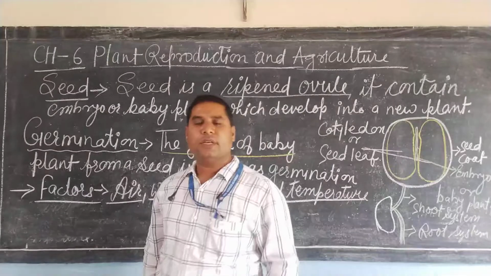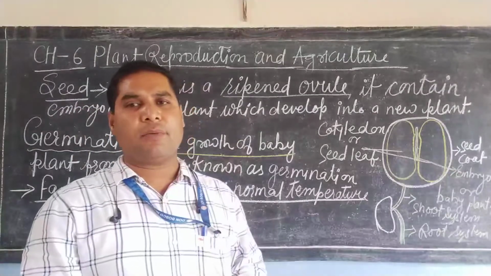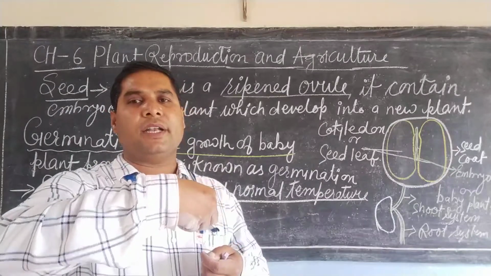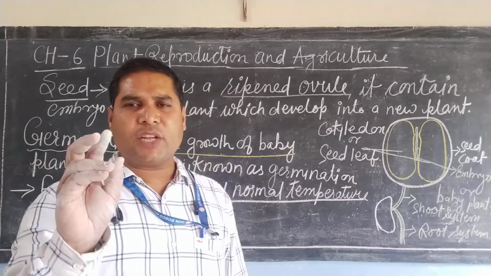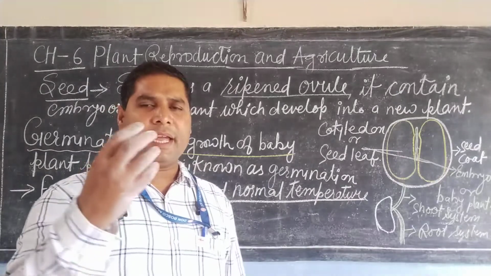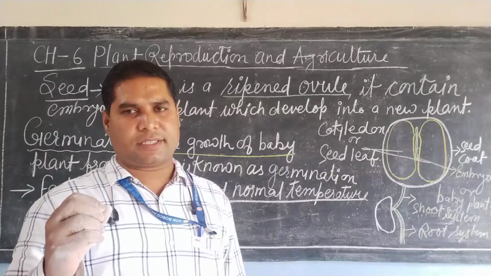One thing more, you may have noticed, after the germination of a seed, you may have seen the newborn leaves. The newborn leaves are different in color, not green. They are light green or may be yellow or brown in color. What is the reason behind it?